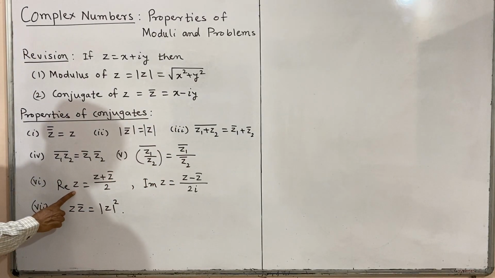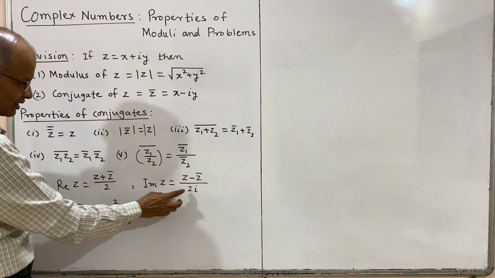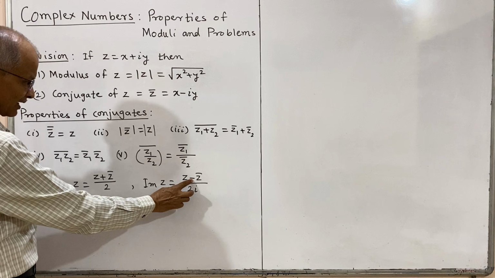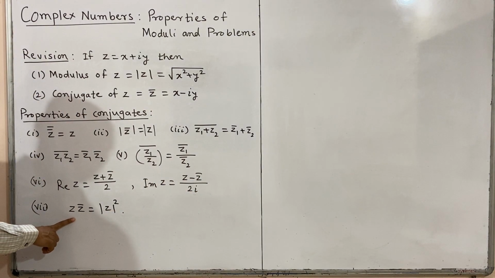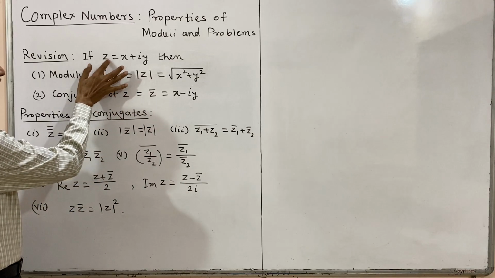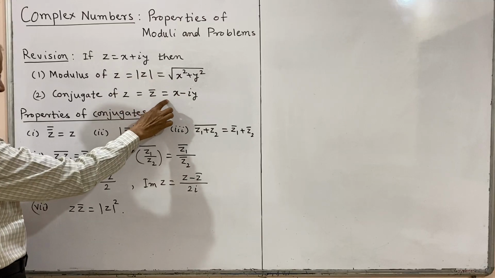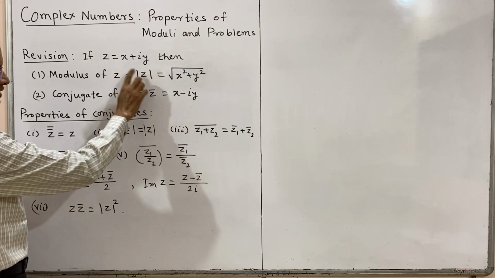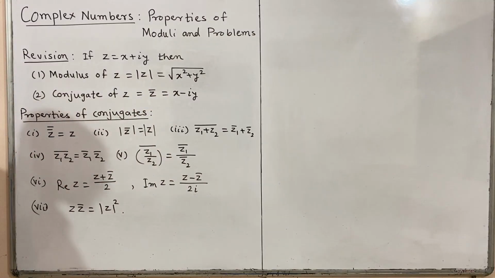Also we have proved real z is z plus z bar divided by 2, imaginary z is z minus z bar divided by 2i, and the last property is also important: z into z bar, the product of these two, is x square plus y square, which is mod z square. So these are some simple properties that we have proved in our earlier lecture.